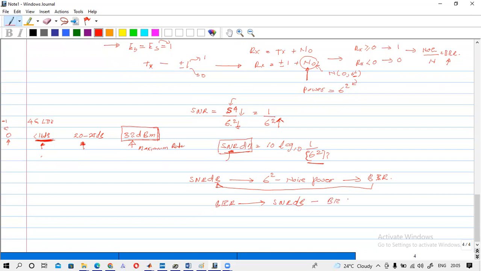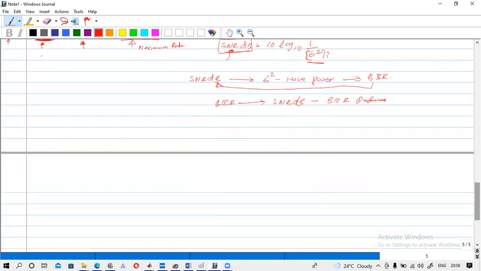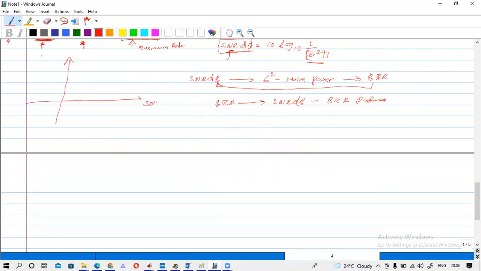Normally, our SNR dB will be the independent variable. We change the SNR dB value, and we check what happens to the bit error rate.